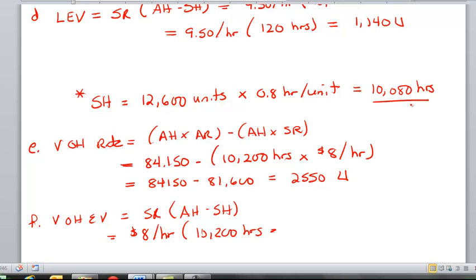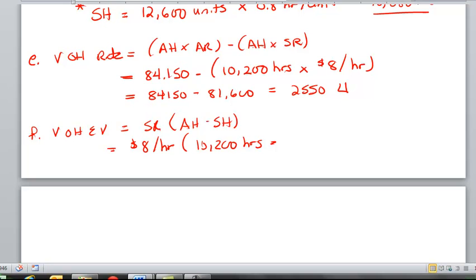Standard hours is the 10,080 hours. So that's $8 per hour times the difference here, and that gives us 120 hours.